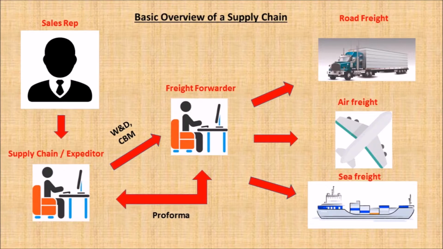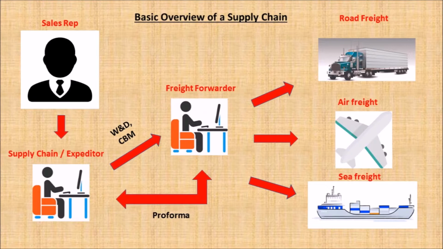This role can vary depending on the kind of responsibilities within the company, but we're going to go with the fact that now they're going to arrange the goods, buy the goods. So a purchase order will be raised, generally within a company, to a vendor that they know of, which will be road freight, air freight, or sea freight.